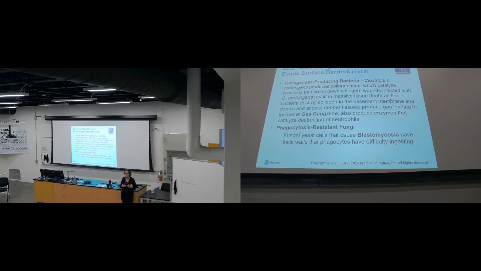So a local infection can become a regional infection through these enzymes, like collagenase. An example would be the bacteria called Clostridium perfringens. This can destroy collagen in the basement membrane, go to the dermis, and in the dermis can grow and produce gas. And then the person will end up with blisters of gas.